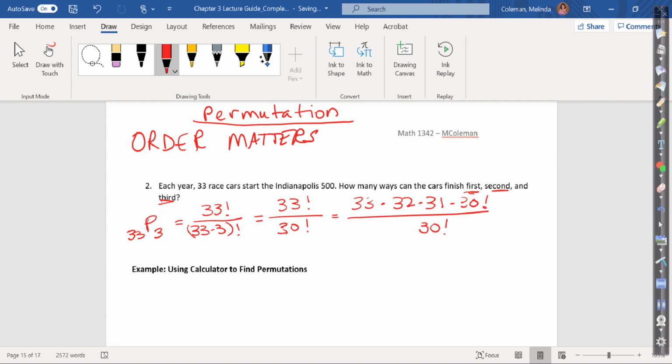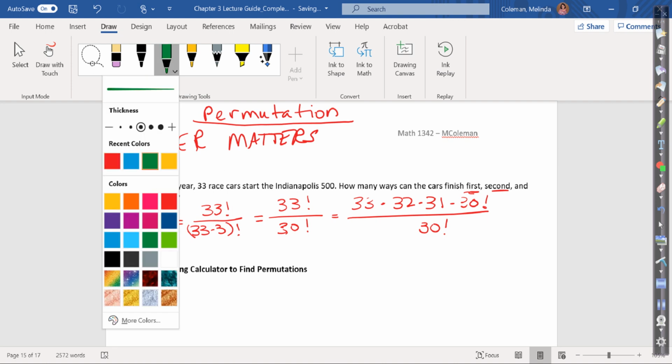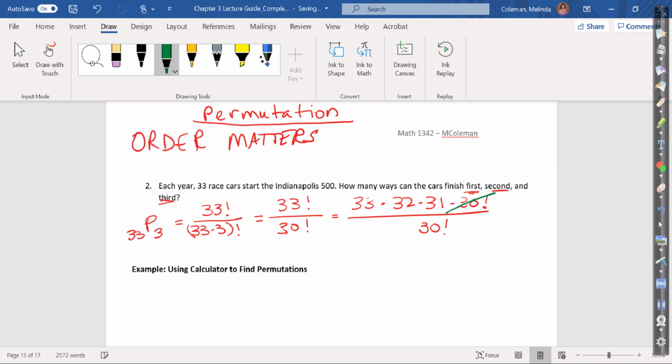So these two will indeed cancel. And I end up with 33 times 32 times 31, which is 32,736 ways. If you're betting on this, the chances that you guess the exact right way would be 1 out of 32,736.